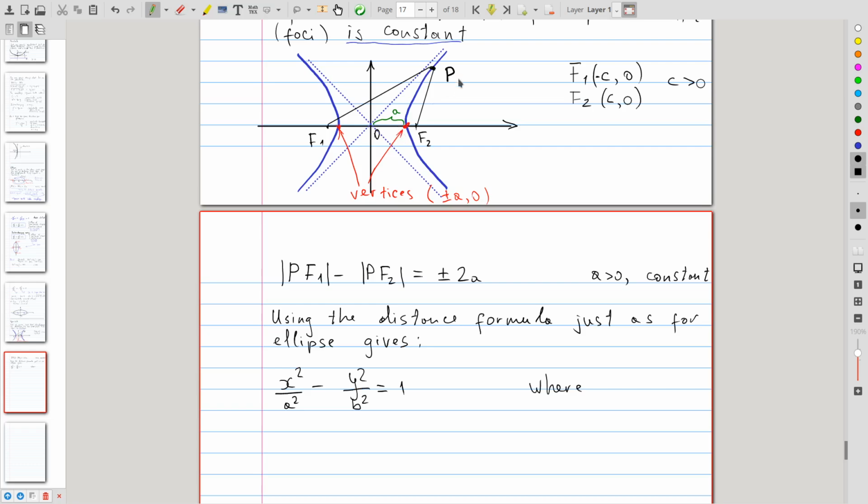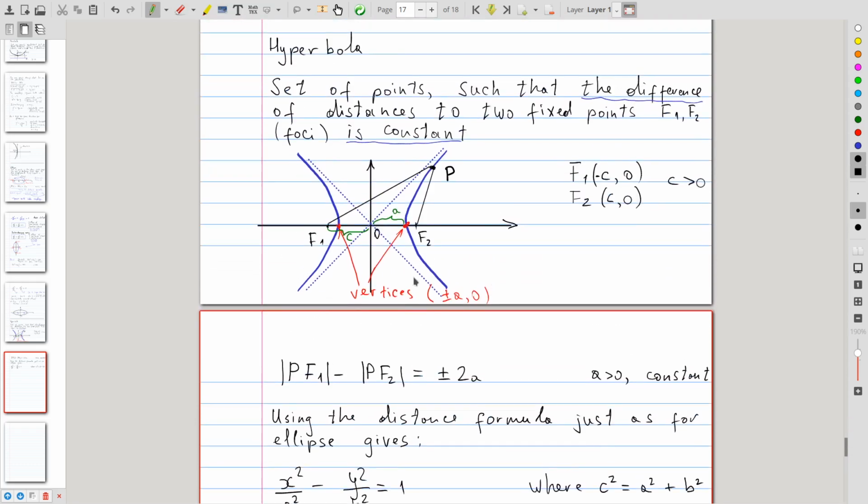Now for the hyperbola, because the distance from a focus to the origin is equal to c and is bigger than a, of the three numbers a, b, and c, c is the largest. So the relation here is the following. You have c squared equals a squared plus b squared.